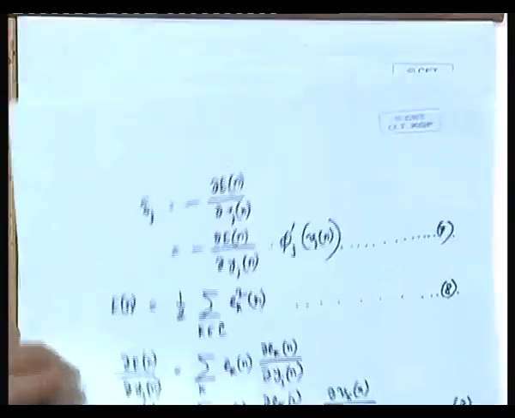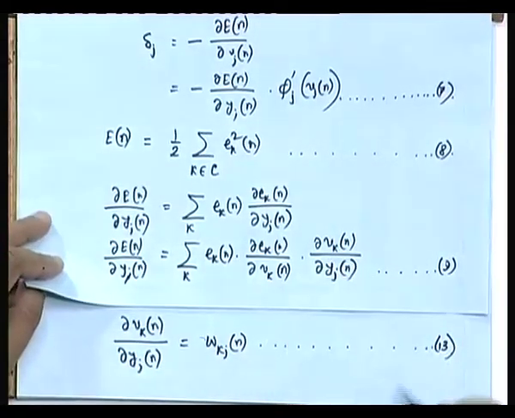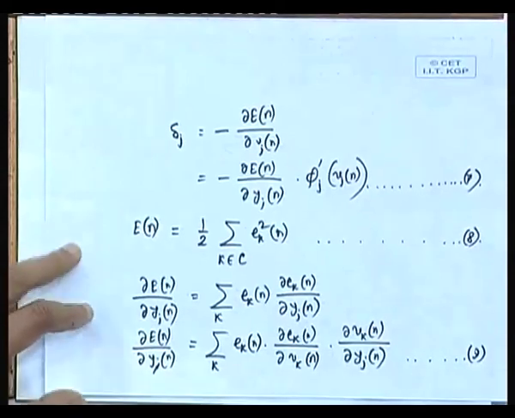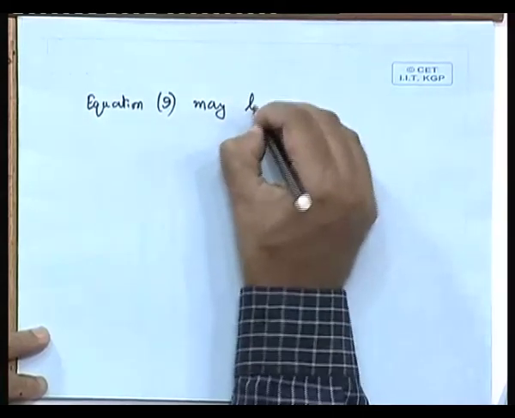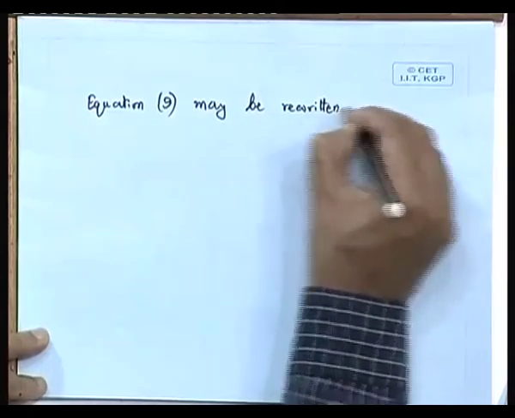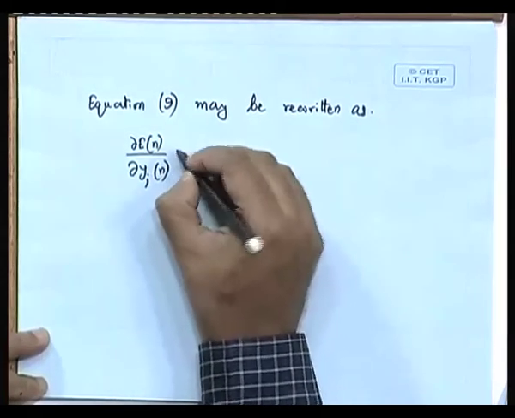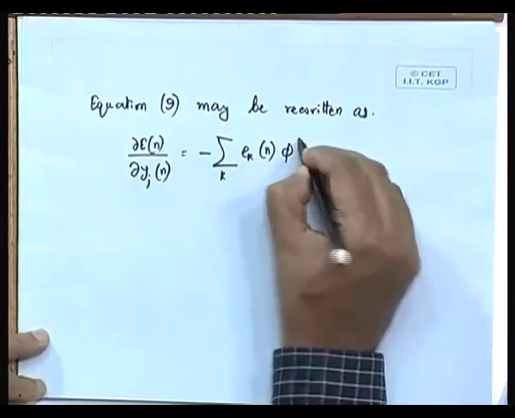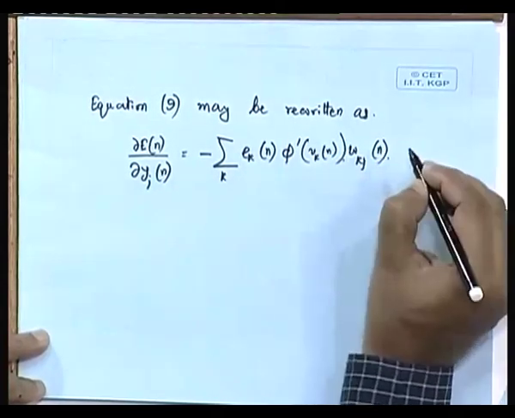So, now that we know that very well, dou Ek dou Vk being equal to minus phi dash of Vkj and dou Vk dou Yj being equal to Wkj, simply we can express now dou En dou Yjn, that is equation number 9 can now be rewritten as dou En dou Yjn, which is equal to minus of the summation of Ekn phi dash Vkn Wkj of n. Alright.